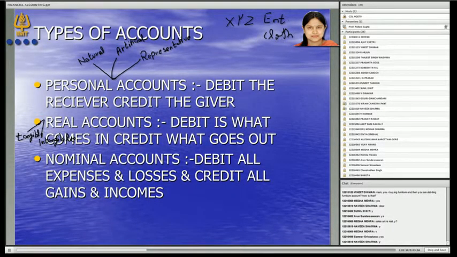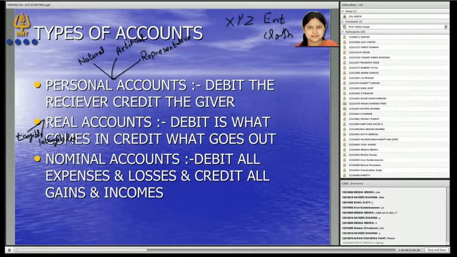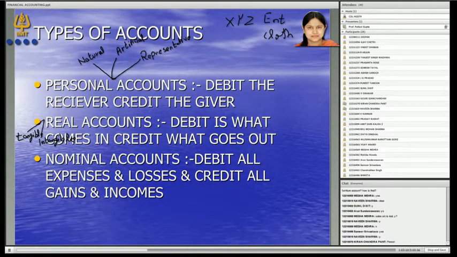Arvind is a person to whom you made the credit sale of 4000. So from Arvind you have received 3960. Arvind was supposed to pay you 4000 but he has paid you only 3960 in full settlement. In full settlement means you have to nil the account of Arvind because he will not pay anything more. He has paid whatever is due.